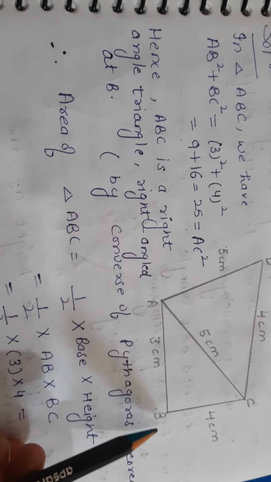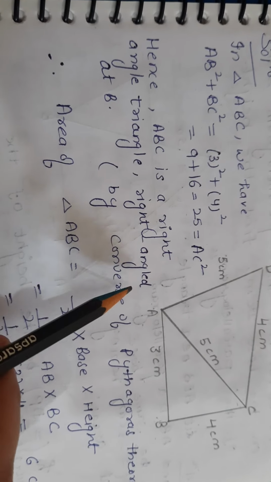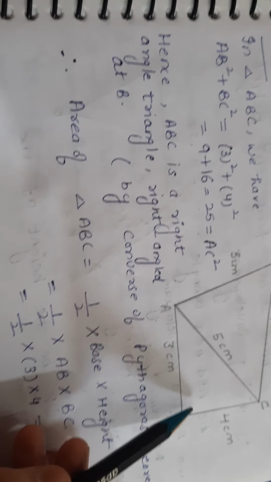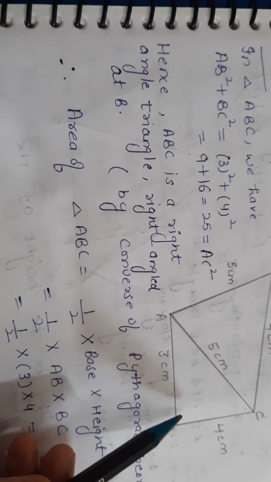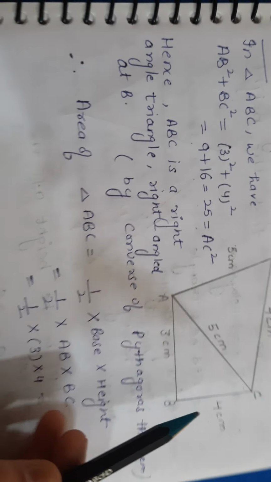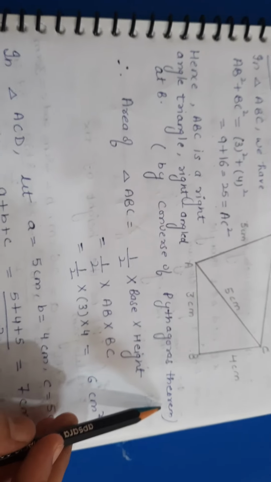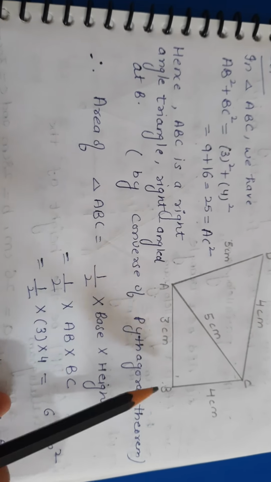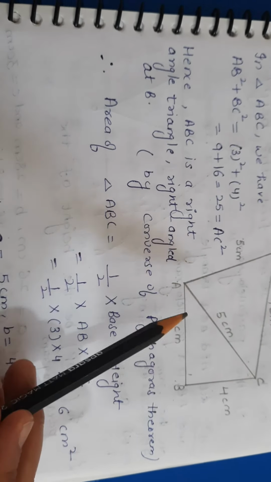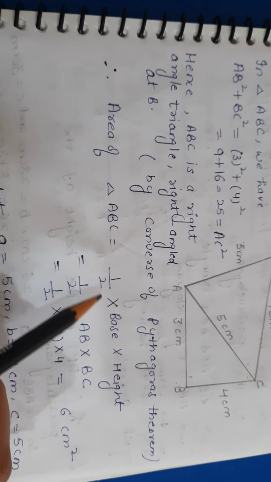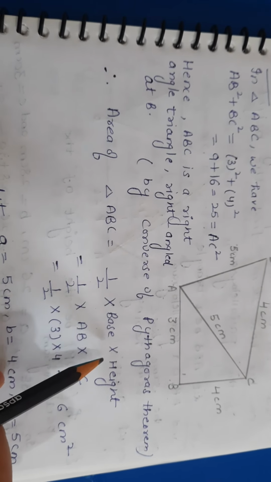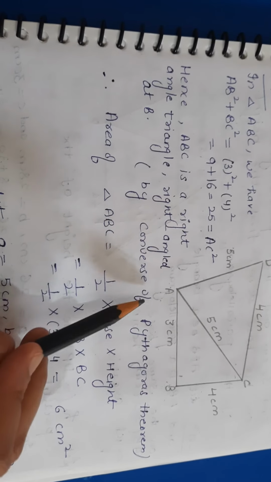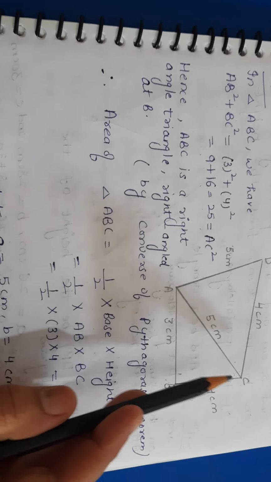So this triangle ABC is a right angle triangle and the right angle is at angle B. So this angle B is going to be 90 degrees by the converse of Pythagoras theorem, right? So if you find the area of triangle ABC, this is a right angle triangle, so its area is half into base into height. The base is AB and height is BC.